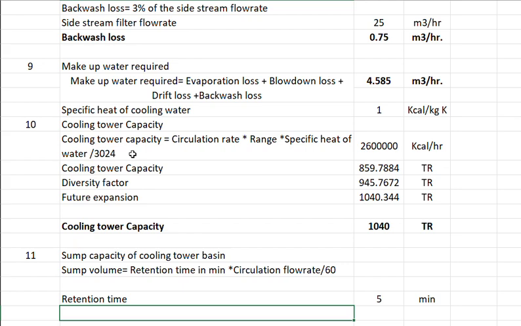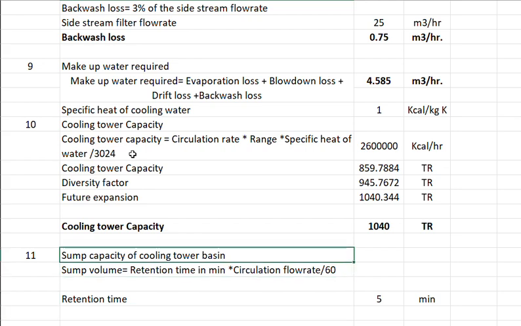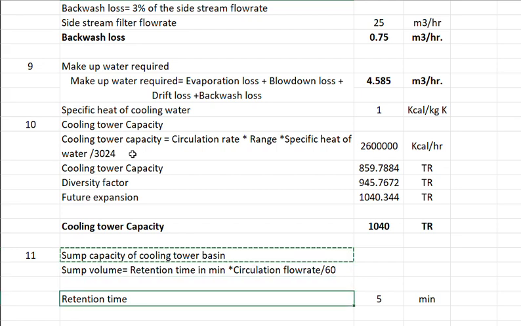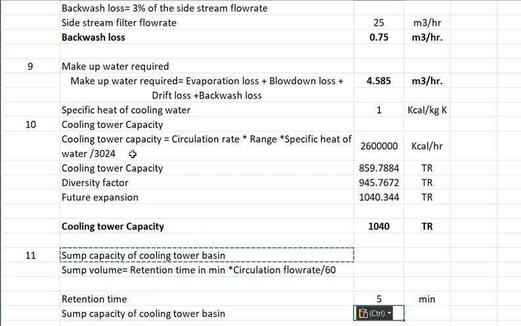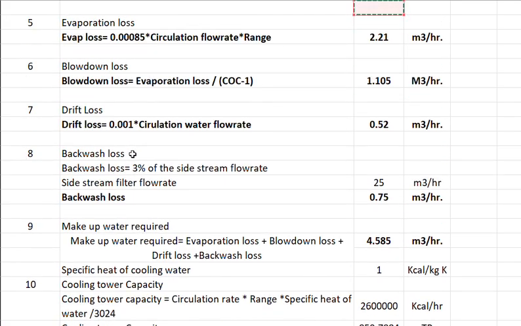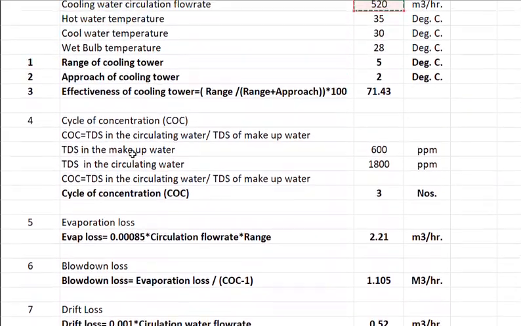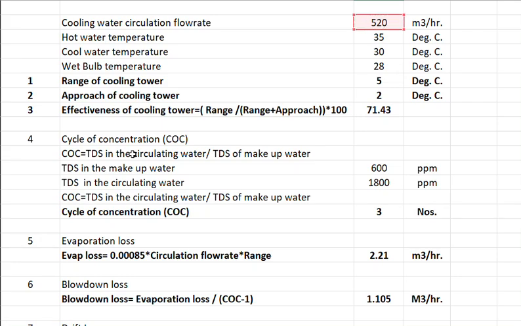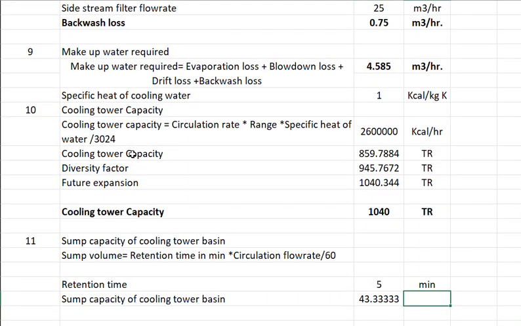Here I consider a retention time of 5 minutes; you can consider based on your requirement. So simply, retention time into circulation flow rate divided by 60 gives the basin volume required.